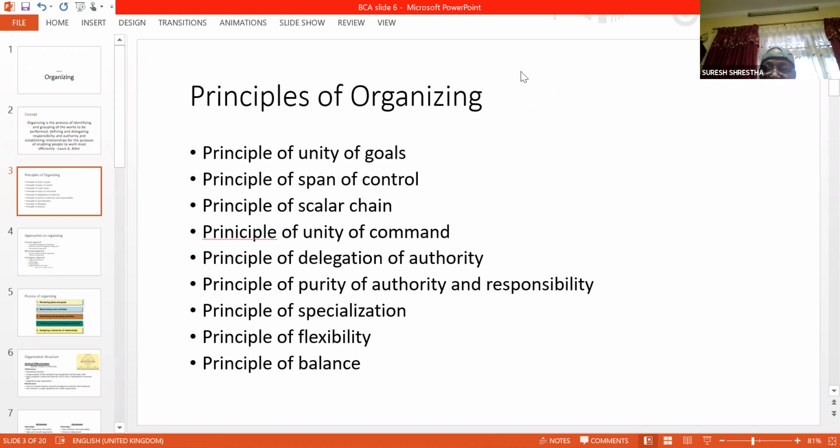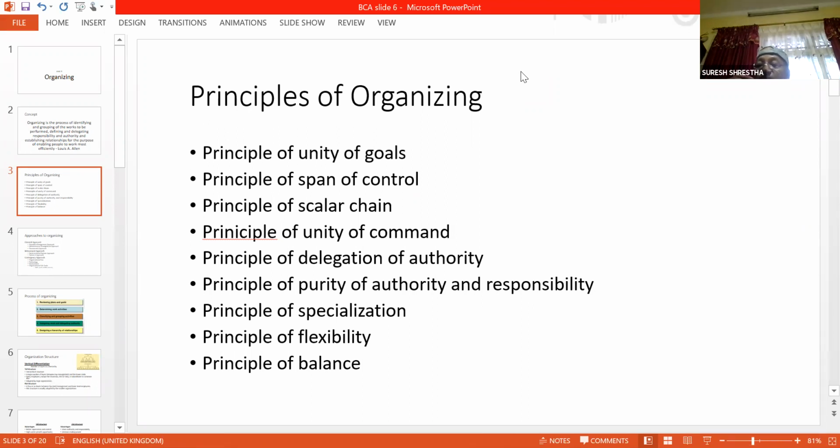Dividing the work, assigning responsibility and authority to perform it, and then defining the relationship among those tasks and among those people is called organizing. Clear? Organizing is the management function of grouping the activities of an organization into different work groups. Once the work grouping is done, then you assign responsibility and authority to the people to carry out that work.